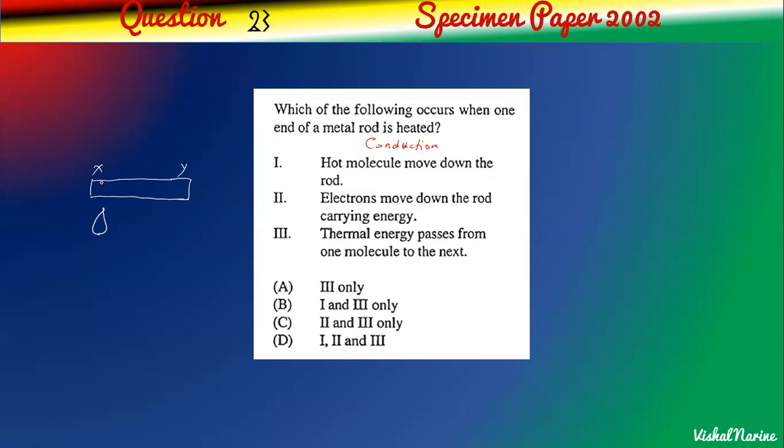Basically, this molecule vibrates and, in contact, causes the heat energy to transfer to the next molecule. This one in turn vibrates, causing it to be transferred to the other molecule, and so on. So the two movement options are incorrect: the electrons do not move down the rod carrying the energy, and likewise the molecules do not move down the rod. But that is how the thermal energy is moving from one molecule to the next, which is E.